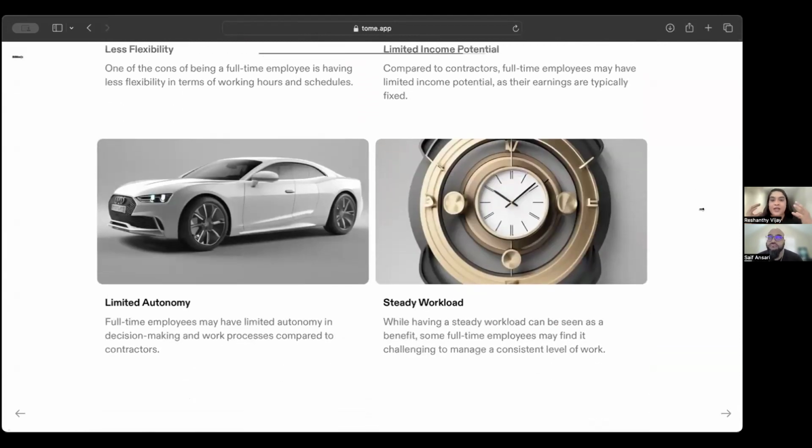So you're just limited to the amount of salary that you've signed up for. And there's also limited autonomy, right? As a full-time employee, you're limited to the opportunities that you have within the company.